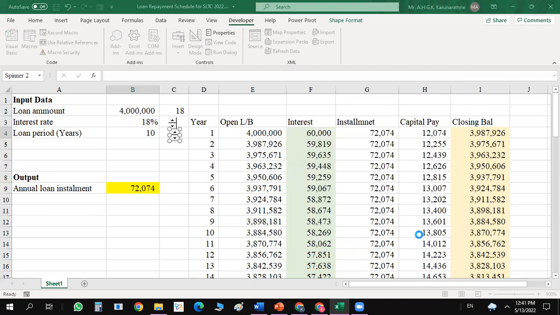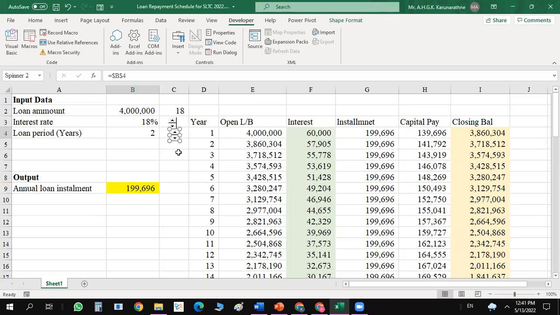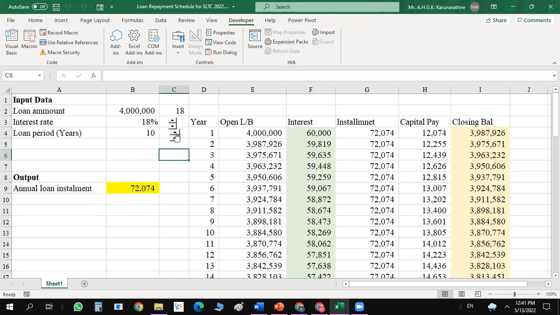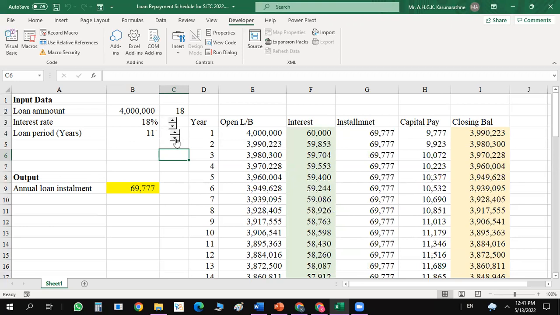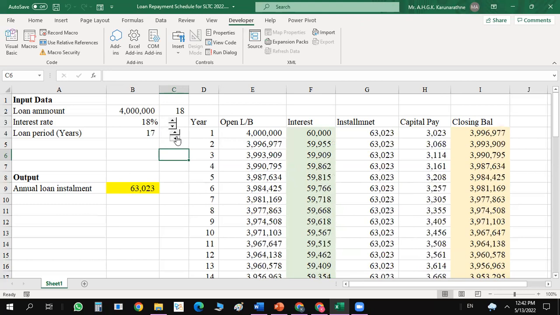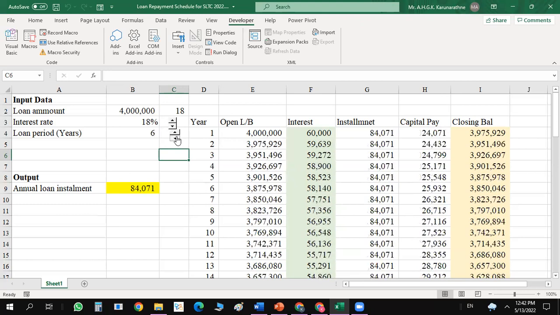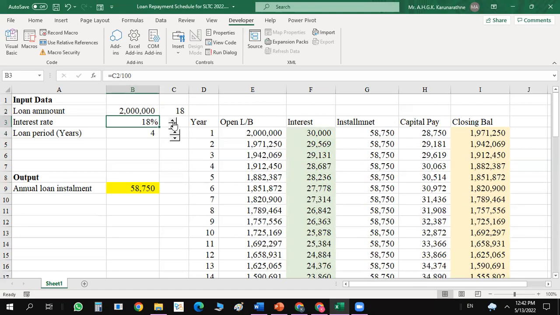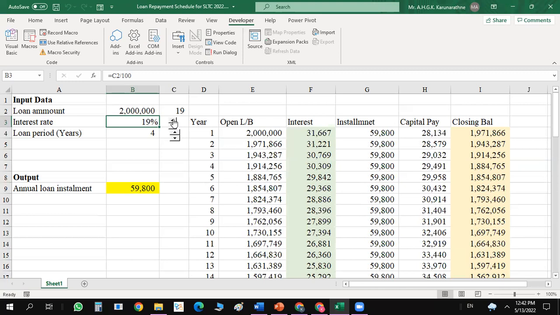There are no modifications, right? Now, if you want to make any modification as and when a customer discusses, you can quickly modify. If it is 5 years, just adjust it to 5 years or 4 years, or if the customer asks for a 2 million loan, you can just make it 2 million, and the interest rate as a policy decision is going to be, let's say, 20%.